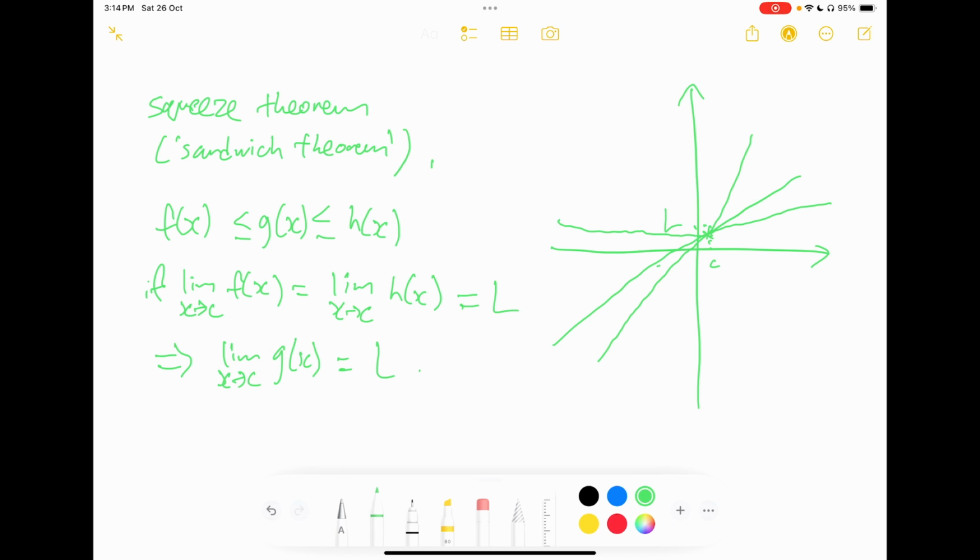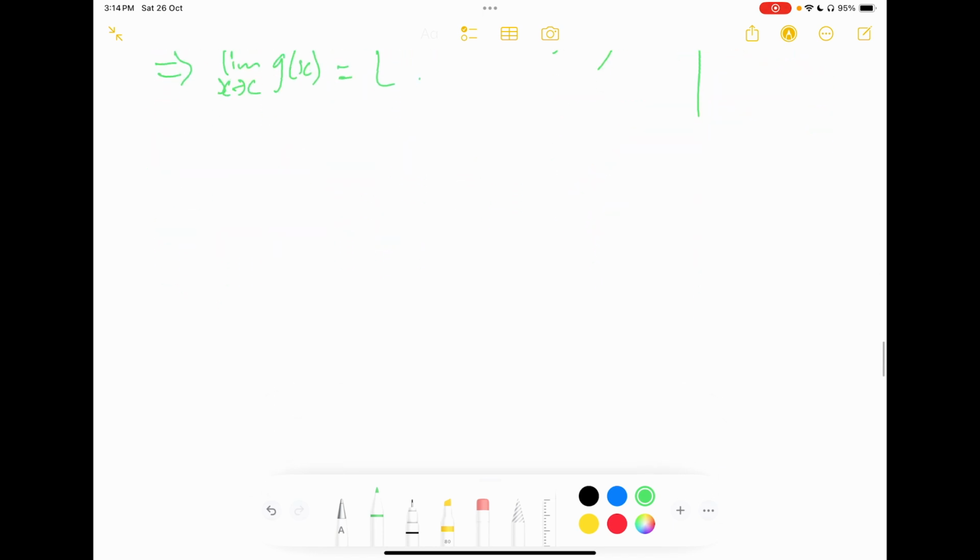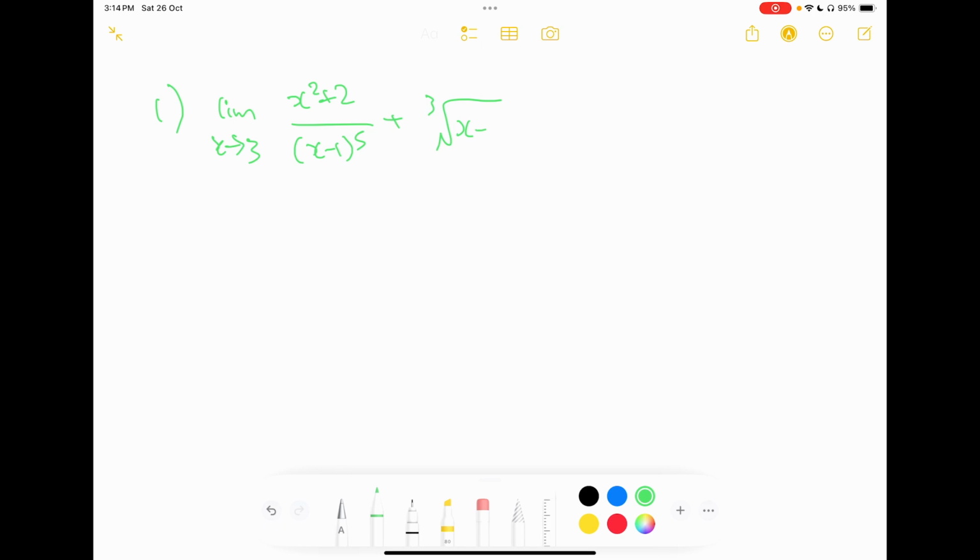So, okay, now that we know these properties as well as the squeeze theorem, I would like us to take a look at these three questions. So I will give y'all some time to solve these questions.